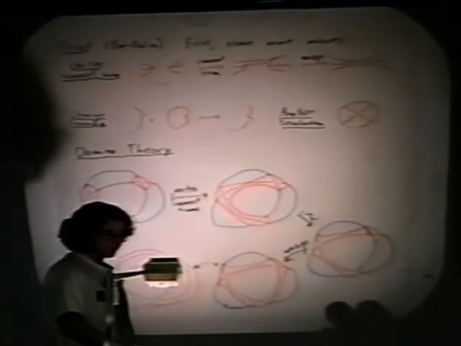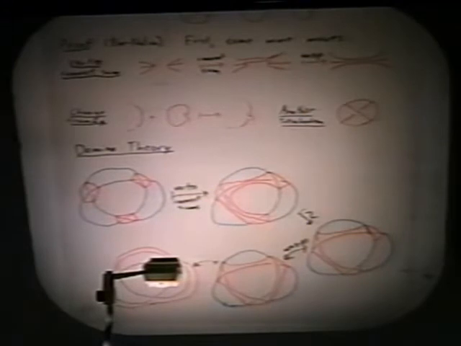So now we want to prove that you can generate any knot. You can start with a knot diagram, like this trefoil here. Any embedded trivalent graph can be generated as well, but in particular knots.